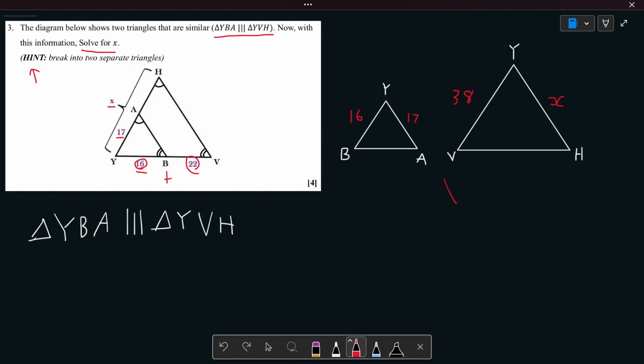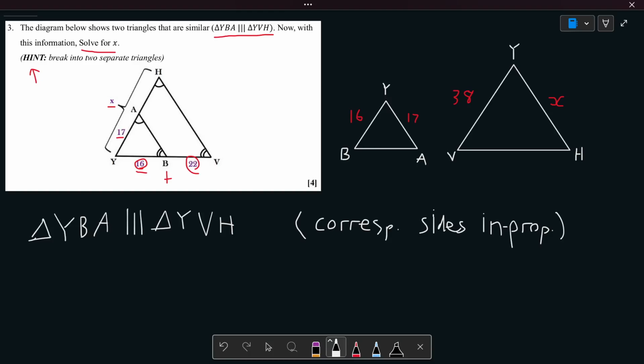We already know that, because these two triangles are similar. So for our reason we can say corresponding sides are in proportion. That is our reason over there.